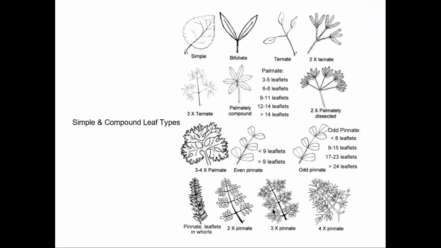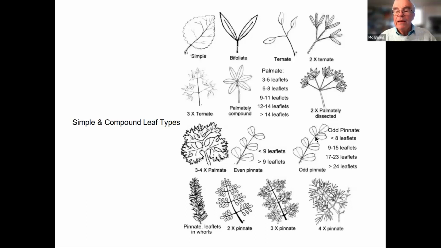And then someone asked, what is the difference between pinnate and palmate? Pinnate means, here's a pinnate leaf, that the leaflets come out of the petiole, I guess, on each side, and that's pinnate.